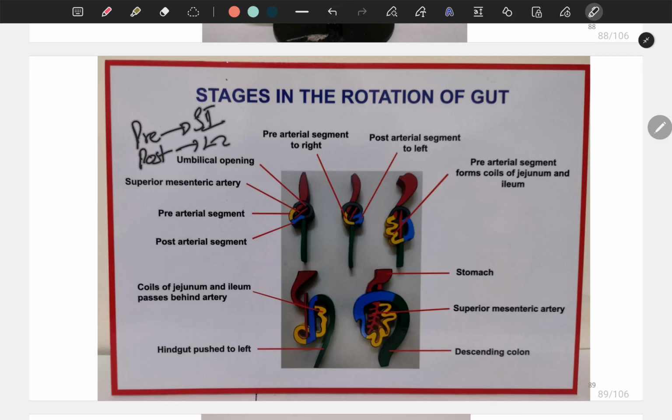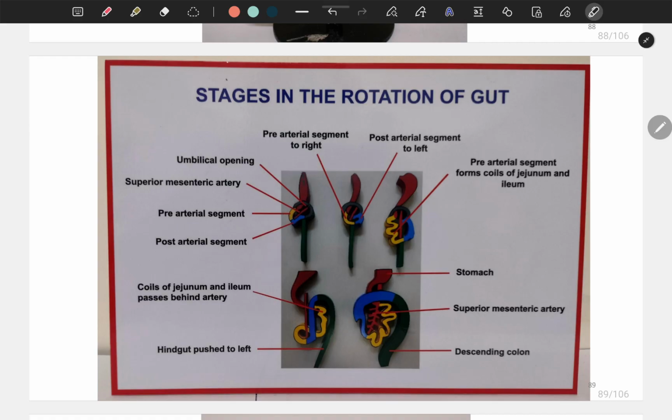Post-arterial forms large intestine. Pre-arterial is upside and post is below. Now first rotation takes place. This is starting, superior mesenteric artery. See, this is superior mesenteric artery.